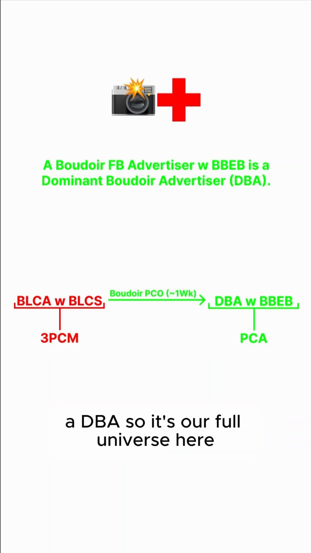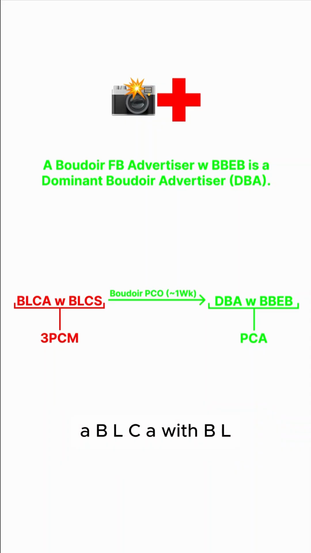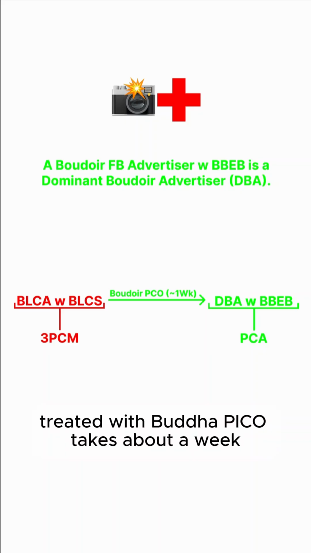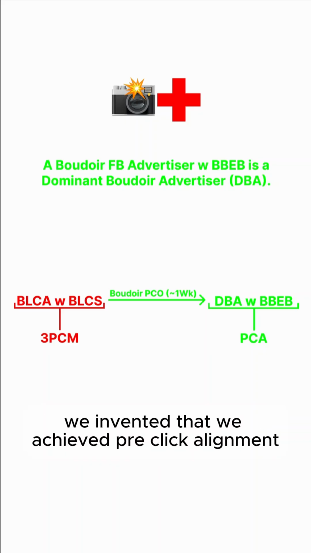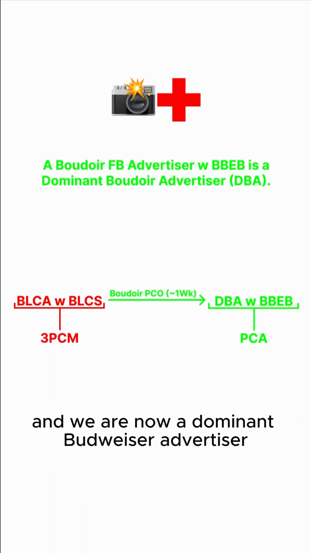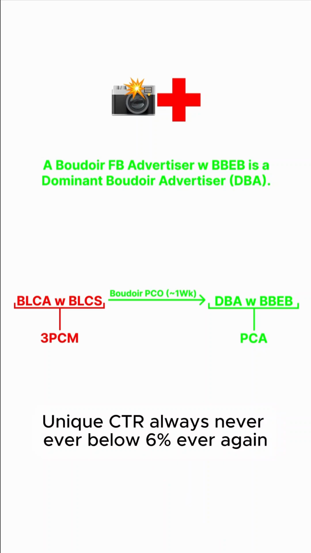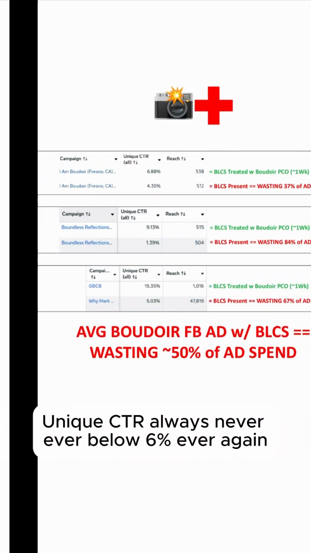So it's our full universe here. A BLCA with BLCS is caused by the three pre-click mistakes. Treated with Boudoir Pico takes about a week. We invented that. We achieved pre-click alignment, and we are now a dominant Boudoir advertiser with Boudoir brain entry boost. Unique CTR all never ever below 6% ever again.